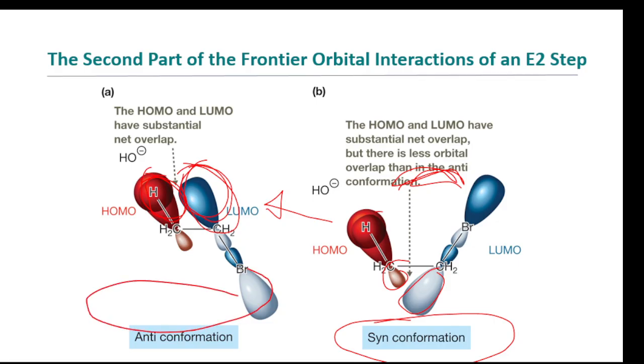Yeah, the anti, right? We have a better overlap. Okay. And so the fastest forming one, the one that's going to form the most, is going to be the anti one, right? Okay. And again, this is because you have a much better contact, a much better overlap, right? In this one here, we have significantly less overlap because it's the other side, that smaller lobe of that bonding orbital, isn't it? Okay.